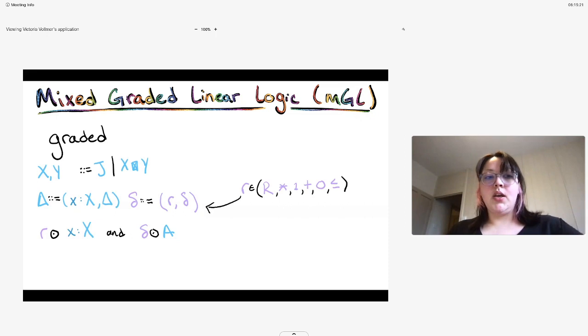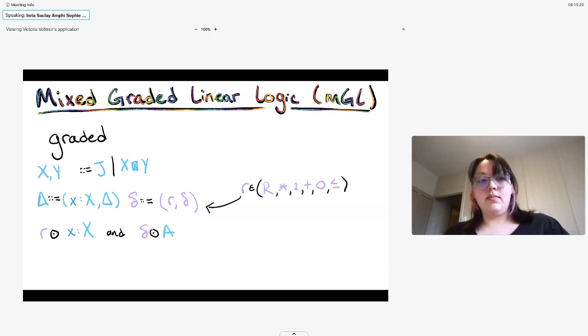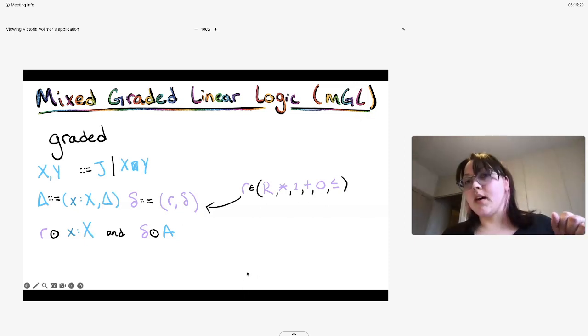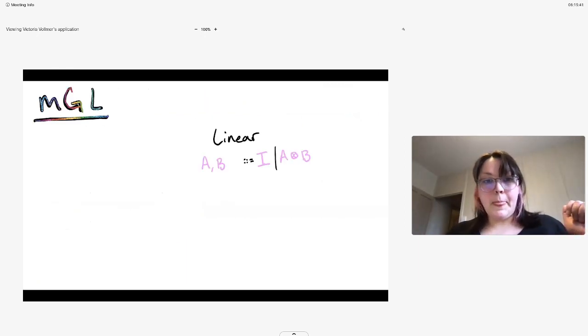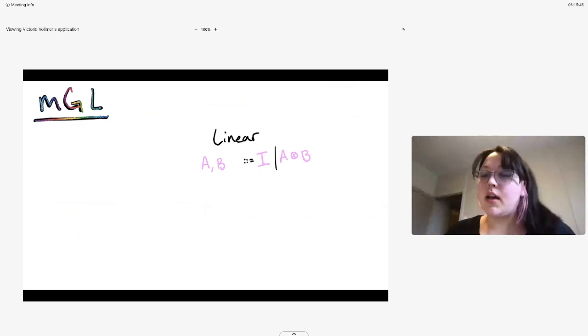So you have your formulas, your types, and then capital delta is your context, and the lowercase delta is a grade vector where each one of these grades is indexing the term.